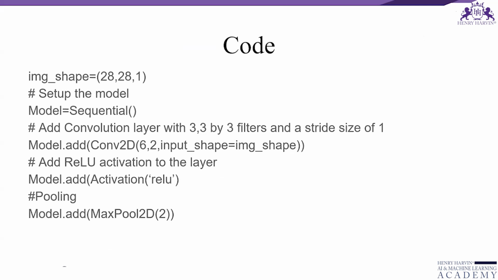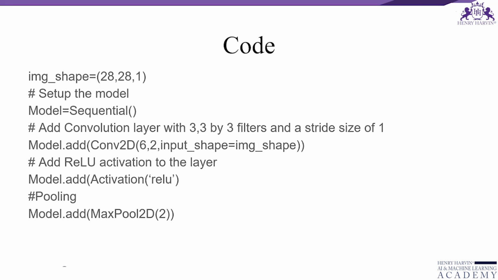I'm using Conv2D and adding a layer there. Then I'm adding a ReLU activation layer: model.add Activation ReLU. And then I'm adding pooling. How do I add pooling? MaxPool2D of 2.